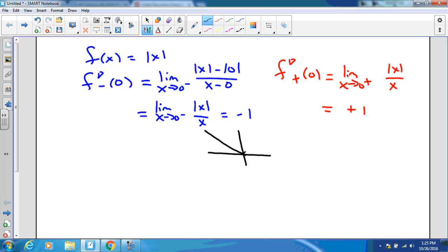Now here's what this means for our function. If I look at the graph of f of x equals the absolute value of x, and I start at x equals 0 and go to the left in the direction of the curve, the slope that I get will be negative 1. But if I do the very same thing, I should have done that in blue.